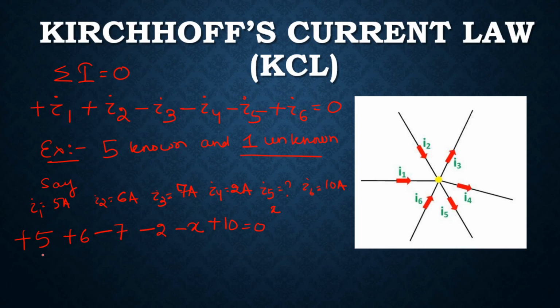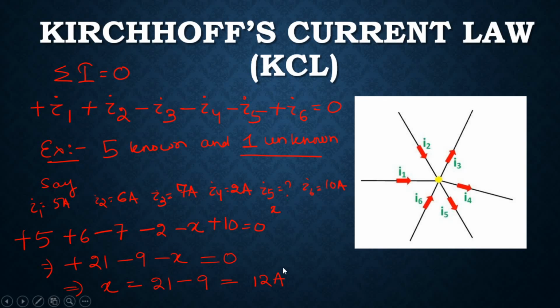So it will be 5 plus 6 is 11, 11 plus 10 is 21. So total 21, and this is minus 9, minus X is equal to 0. So I can say X is equal to 21 minus 9, that is equal to 12 amperes.